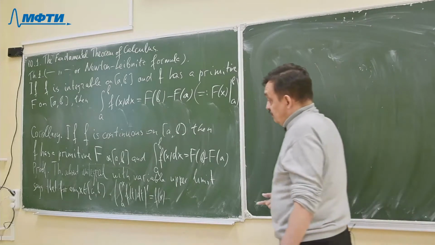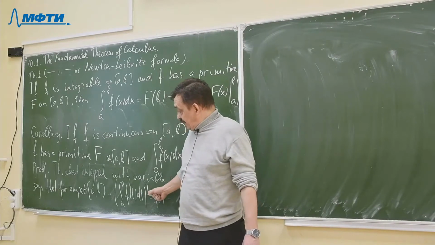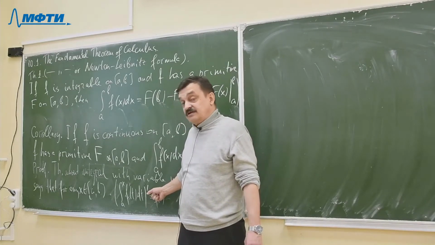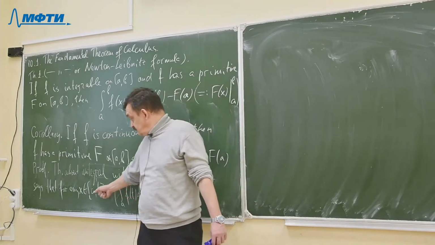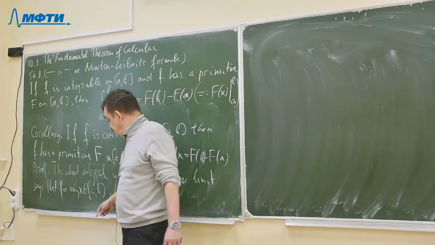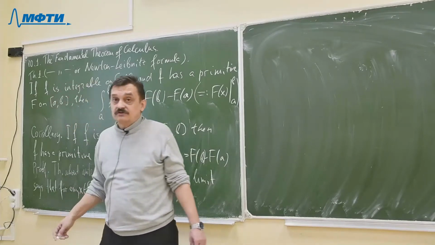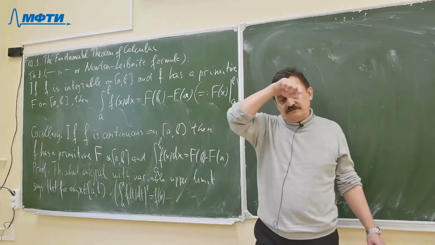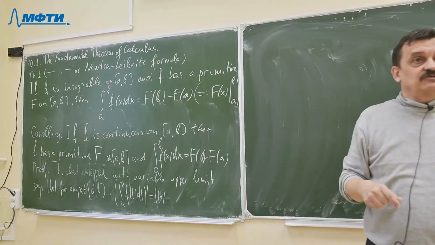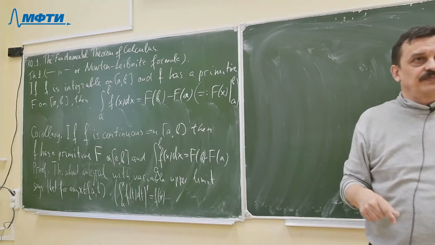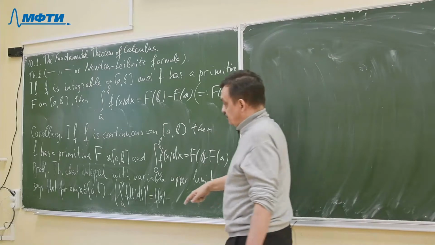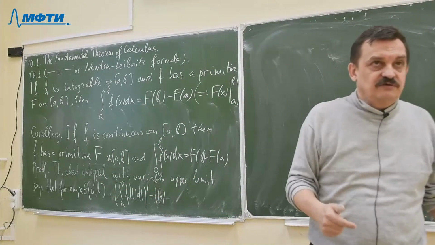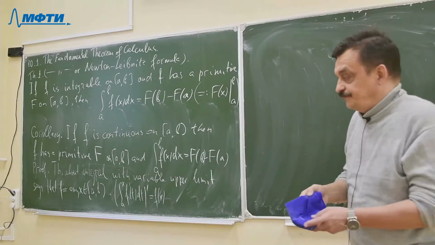So when I consider derivative at a, I should consider only the right-hand side derivative. And if we are talking about derivative at b, we should consider only the left-hand side derivative. Okay.